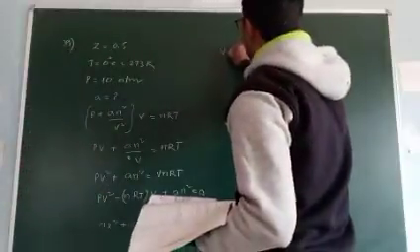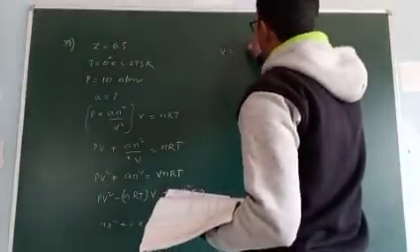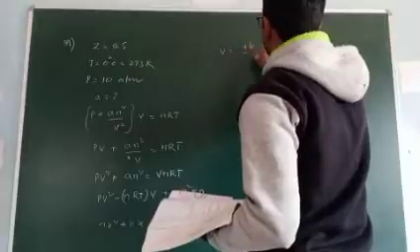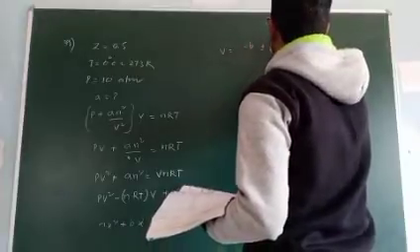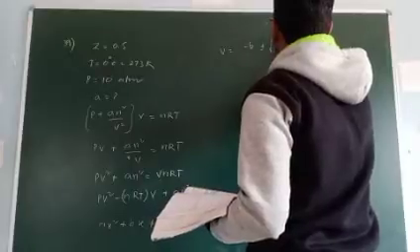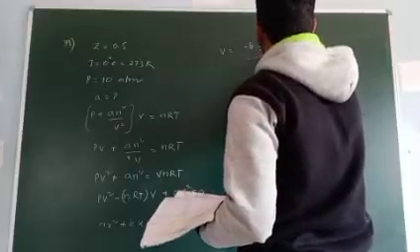For this type of equation, we know how to calculate the roots. V is equal to minus b plus or minus root over b² minus 4ac, by 2a.